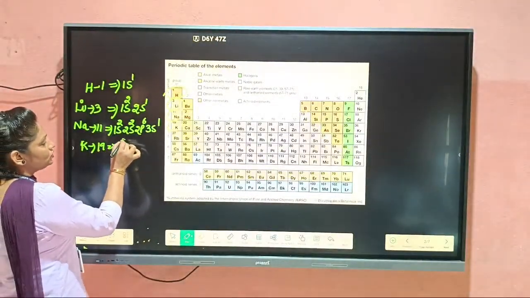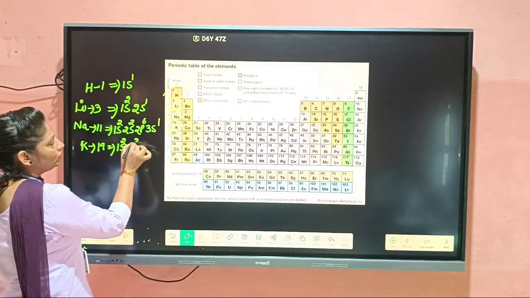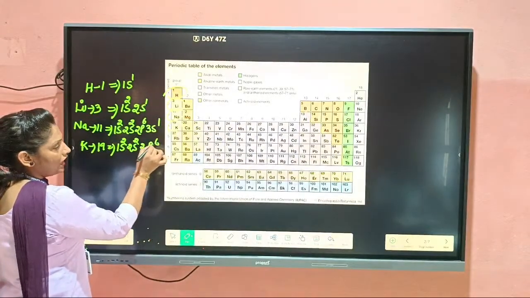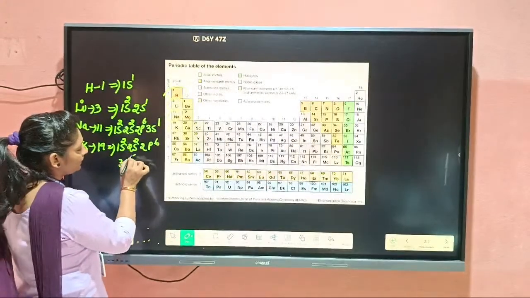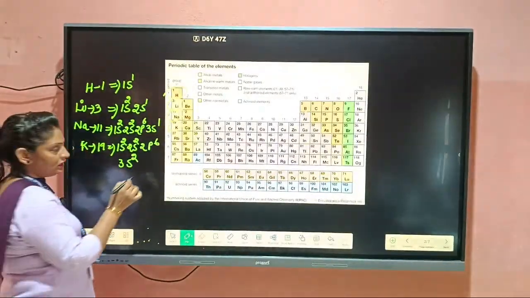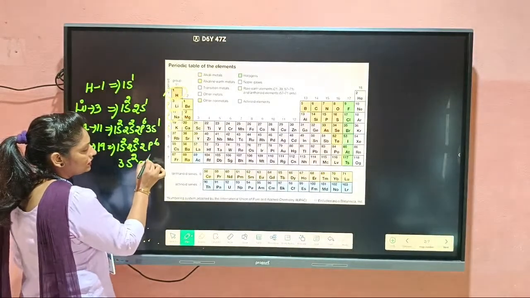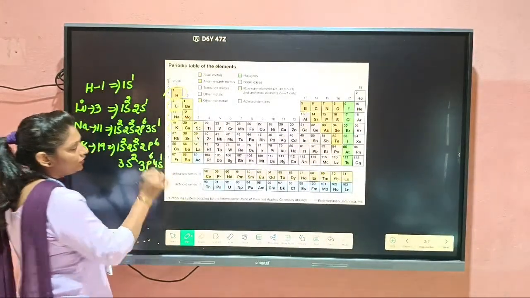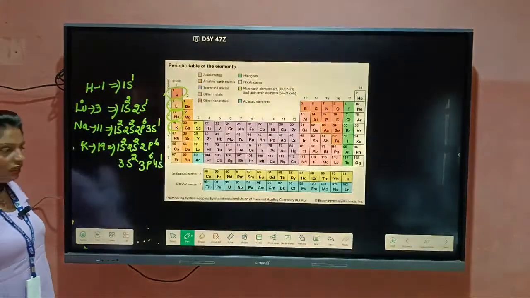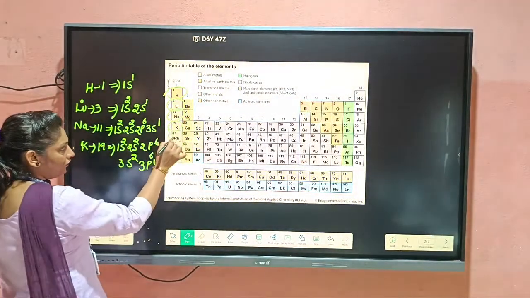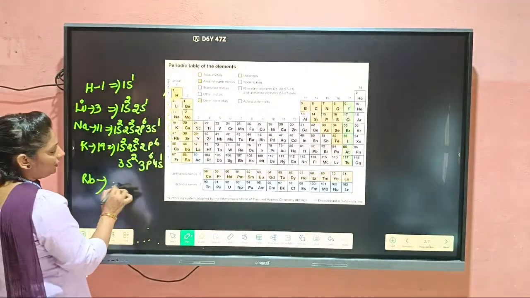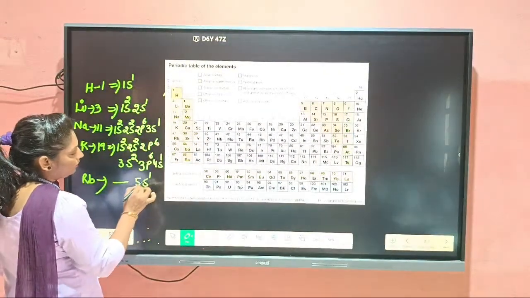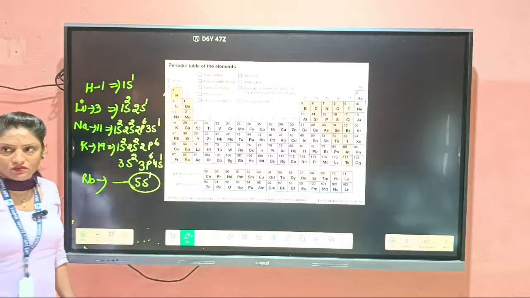Configuration is 1s2, 2s2, 2p6, after that 3s2, then 3p6, then 4s1. In the same way, if you write the configuration of rubidium, the last electron will be present in 5s1.